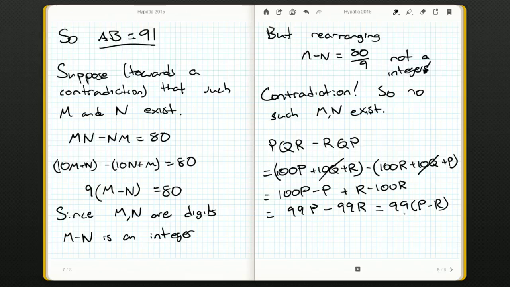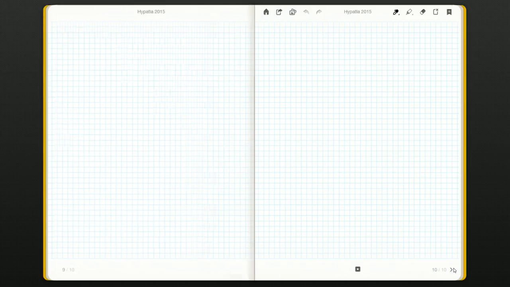So it makes sense. So we get multiples of 99, but which multiples of 99 do we get?